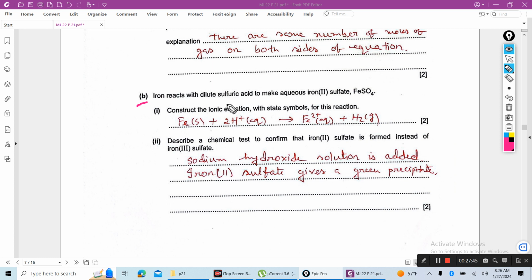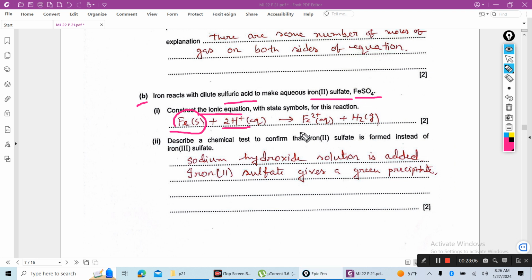Now, iron reacts with dilute sulfuric acid to make iron 2 sulfate. Construct the ionic equation with state symbols for this reaction. Iron solid, sulfuric acid forms hydrogen ion plus sulfate ion.